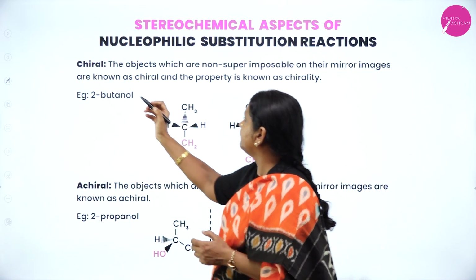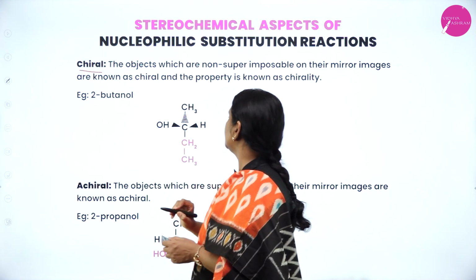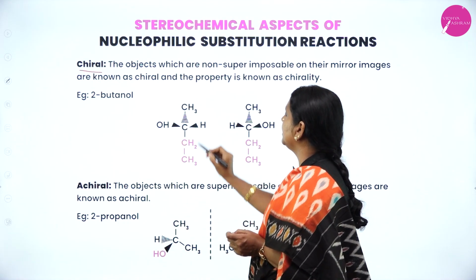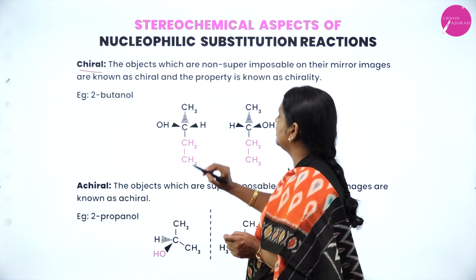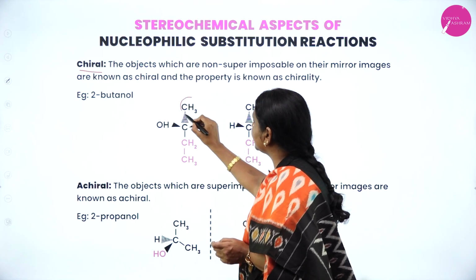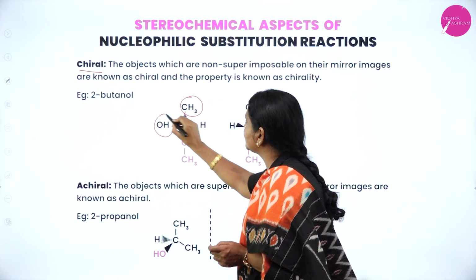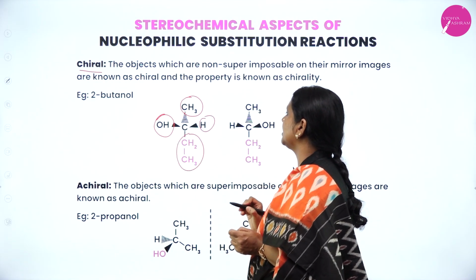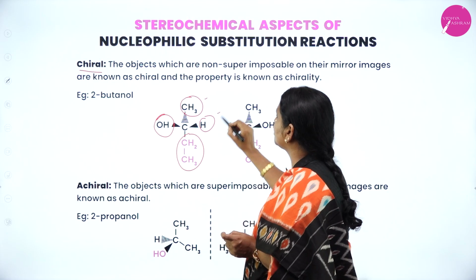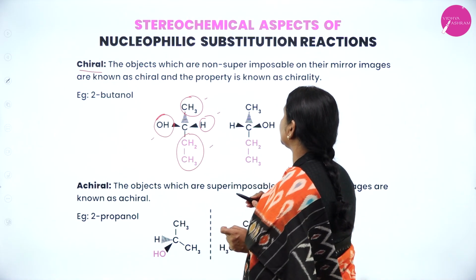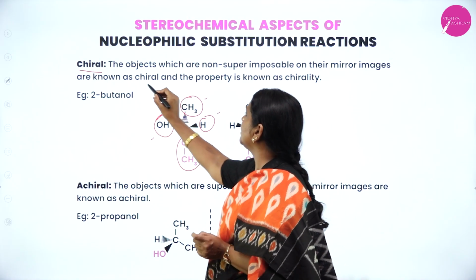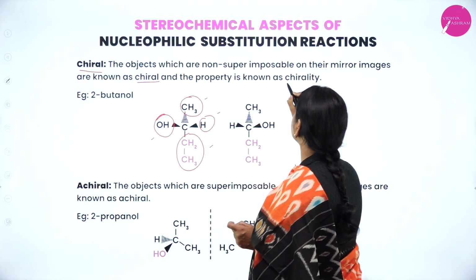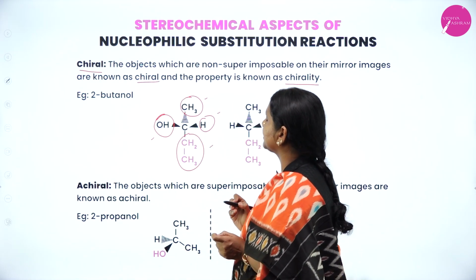Now observe this compound here. It is a 3-dimensional structure. Here, this carbon is attached with methyl, OH, H, CH2CH3. All the 4 groups are different. Therefore, this molecule is chiral and the property is known as chirality.